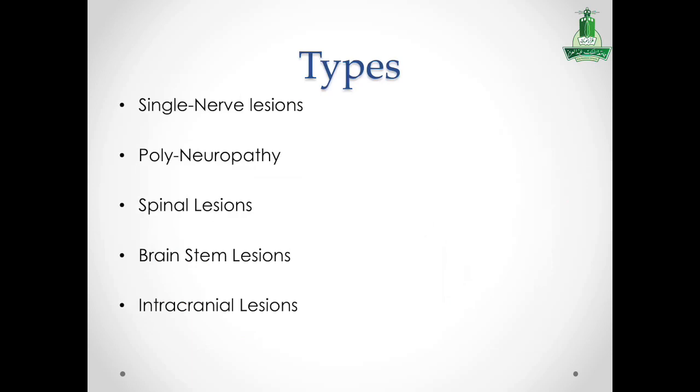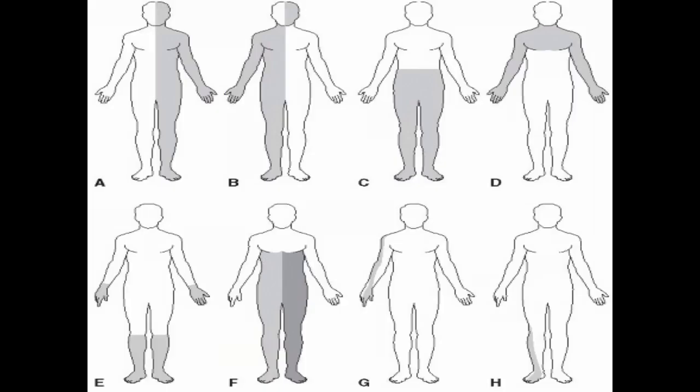This list of types leads us to this beautiful diagram. This diagram shows us different manifestations of sensory disturbances. The first one, diagram A, is complete hemiparesthesia, hemisensory loss.